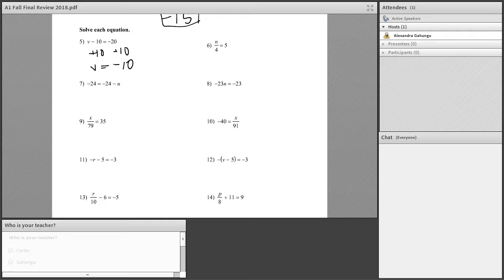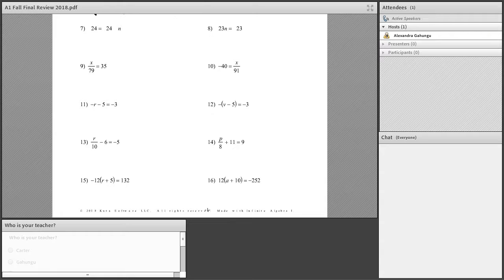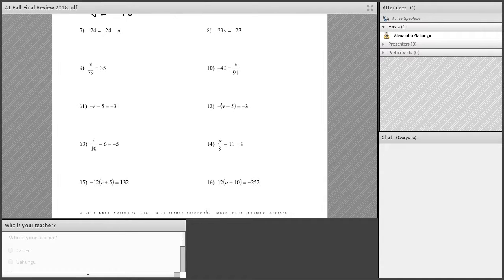For our fractions, if we have to deal with fractions like 10, 13, or 14, still want to solve for the variable, you can go about this one of 2 ways. You can either clear the fraction first by multiplying everything by 8, and so everything gets multiplied by 8, even the 11.